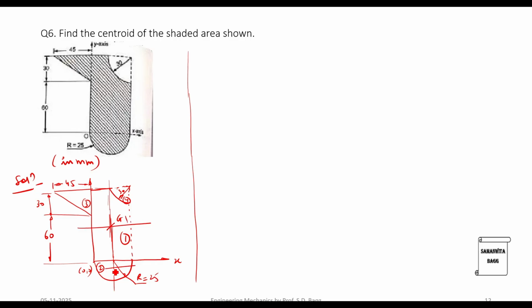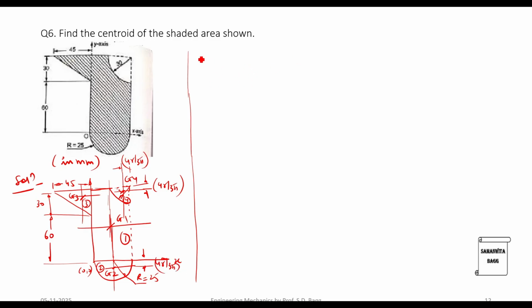For semicircle, it will be over here, G2. For right angle triangle, it will be over here, G3. And for the quarter circle, it will be somewhere over here, this will be G4. These two gaps will be 4r by 3 pi. These two are 1/3 of base and height. This gap is also 4r by 3 pi.